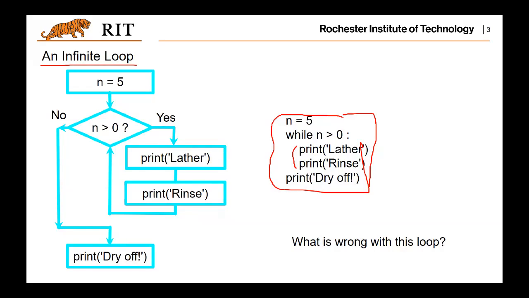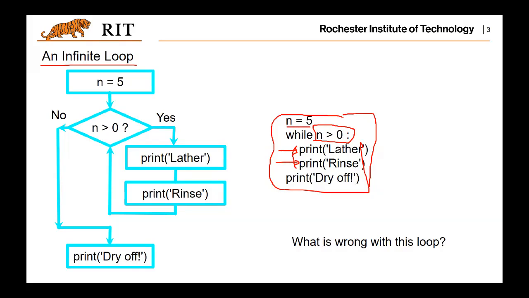A typical problem for an infinite loop is this condition. This condition will determine whether the code under this while will be run or not. In this case, we set n to be 5, and then we check if n is greater than 0. Because initially n is 5, this condition is satisfied, so we go inside here and print these two lines.